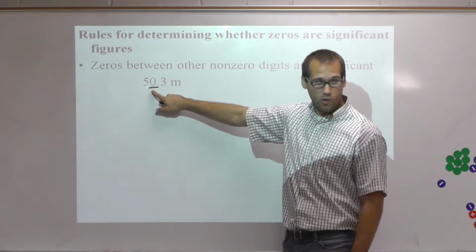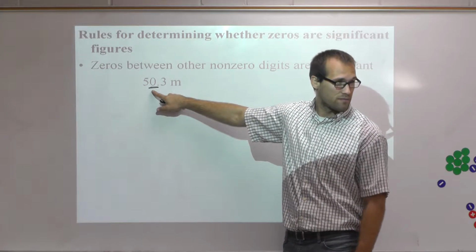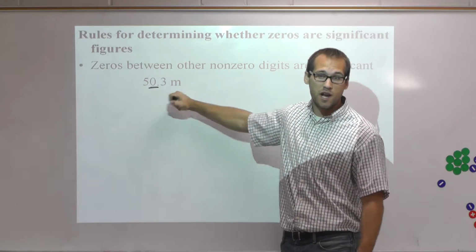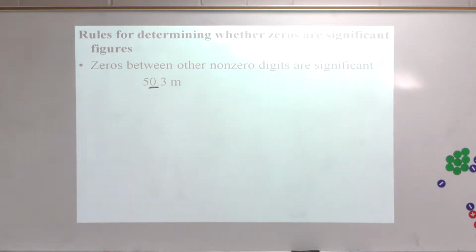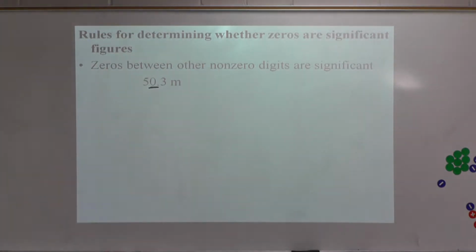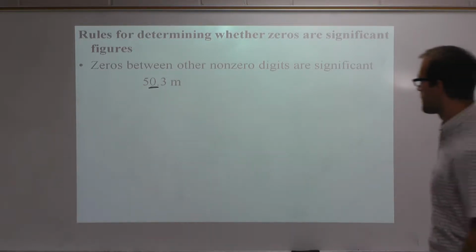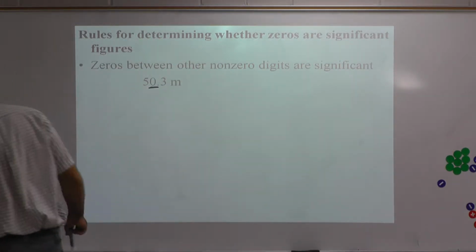This is 100% sure, assuming your device is measuring it correctly. The last digit, you always have one estimated digit at the end, and that is going to be significant because you can estimate to one place. Okay, so this has 3. Pretty straightforward.